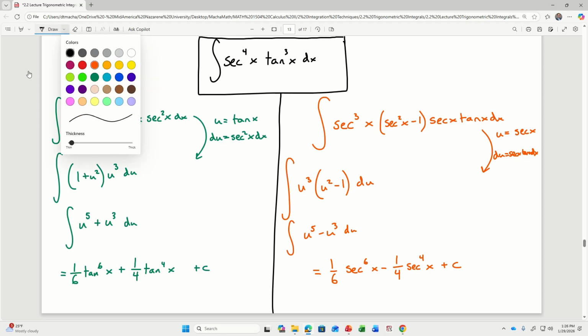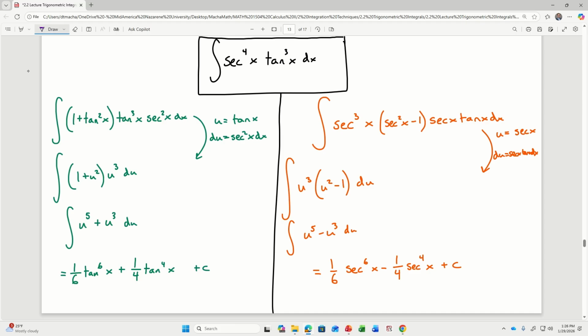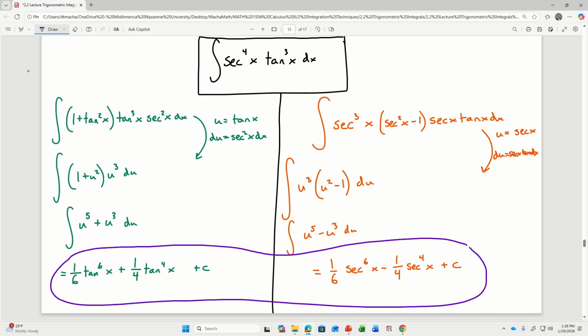And so we took the antiderivative of exactly the same integrand two different ways. And it looks like we kind of got two different answers. But antiderivatives are unique up to the constant, right? Whatever you choose for the constant. So these must be the same. And I think that's kind of weird.